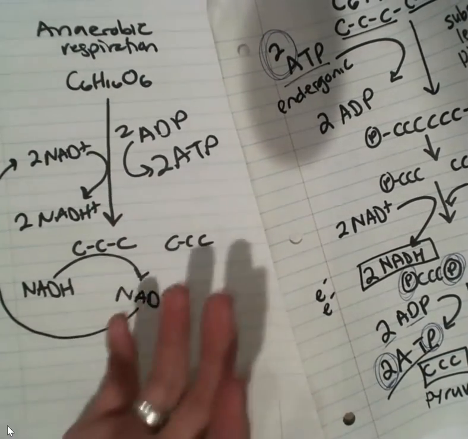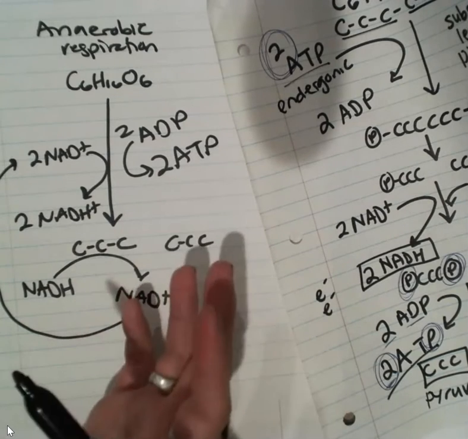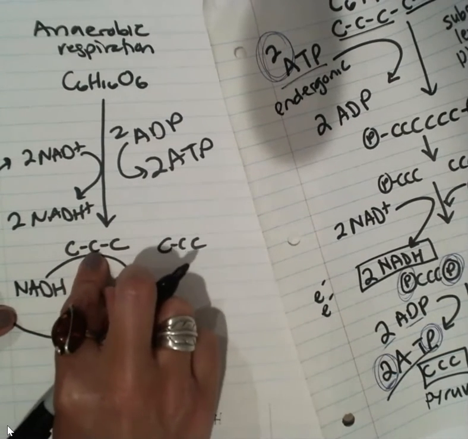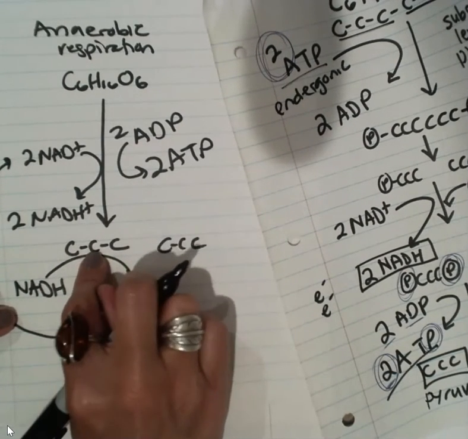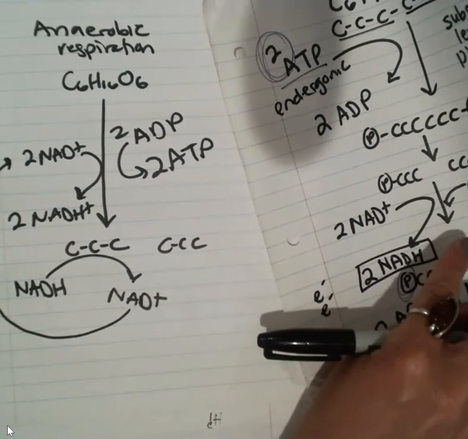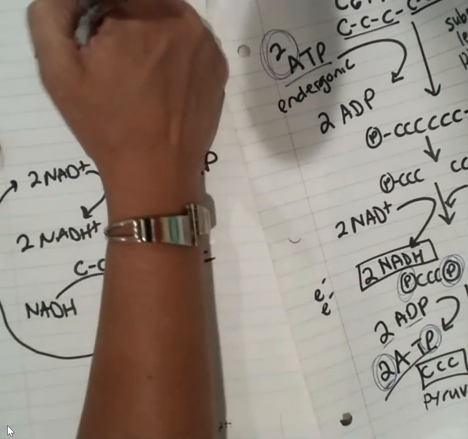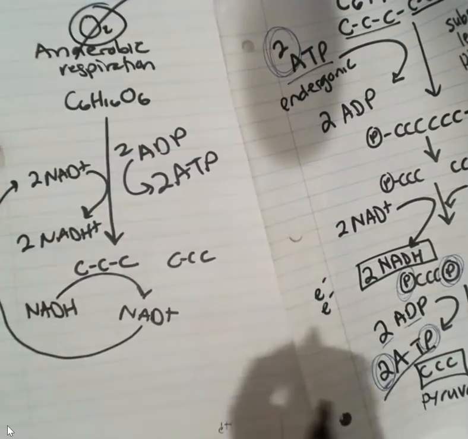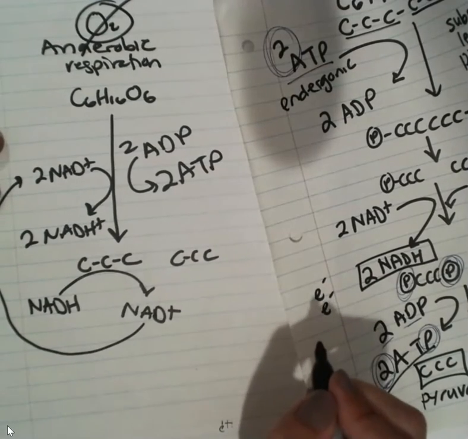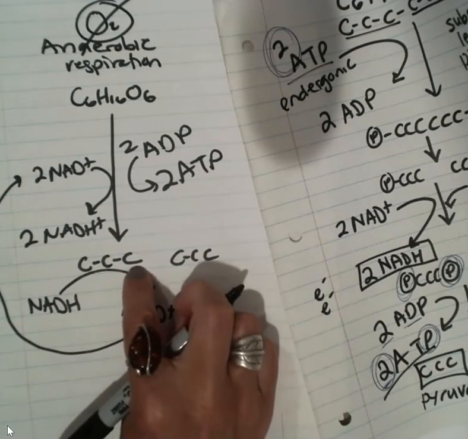So at the end of glycolysis, pyruvate, if it's aerobic, if there's oxygen, will head into the mitochondria. However, in anaerobic respiration, without oxygen, pyruvate is not used.